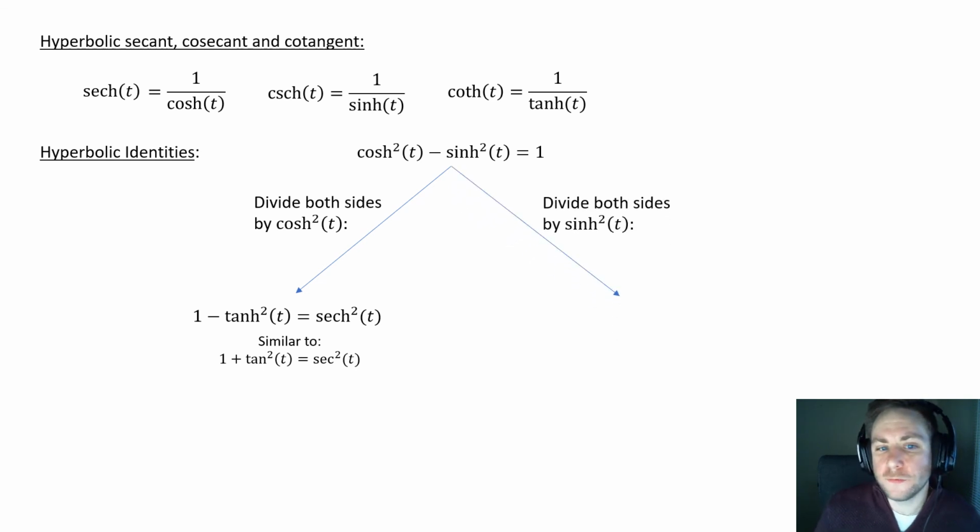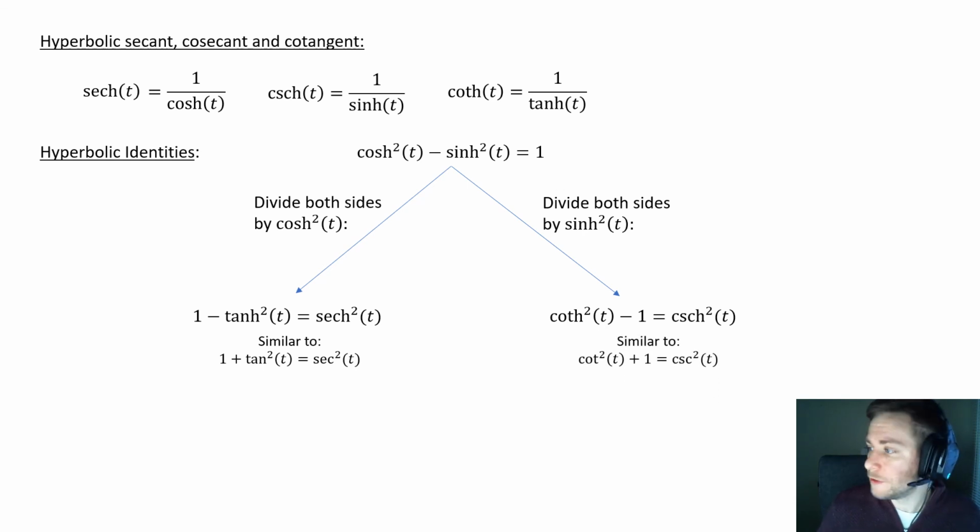Also, if you looked at our original identity and divided it by sinh squared of t rather than cosh squared of t, you would end up with another identity relating cosech and cotang. Pause and check it for yourself. And note too that this is similar to another trig identity that we already know.